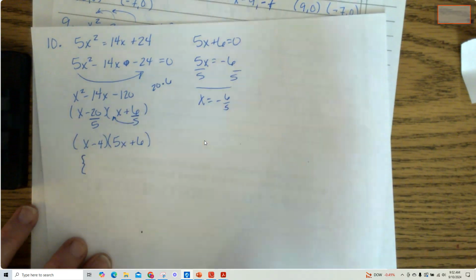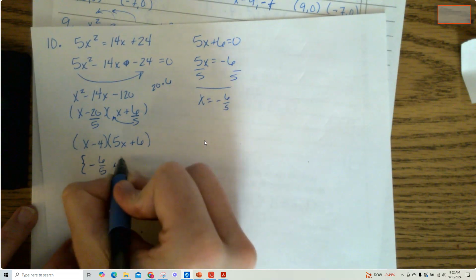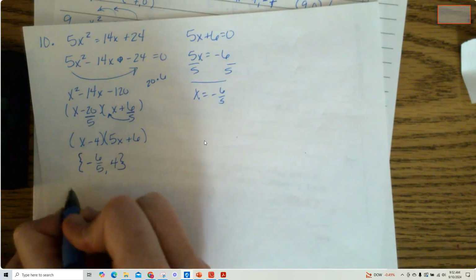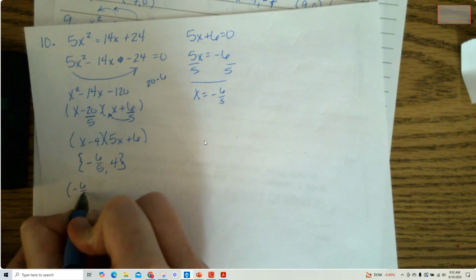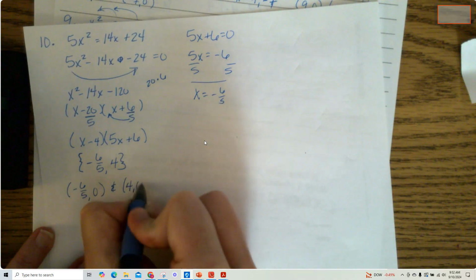It's just the opposite of kind of where you started. But that's where things start getting tricky. And then your x-intercepts are going to be negative 6 over 5, comma 0, and 4, comma 0.